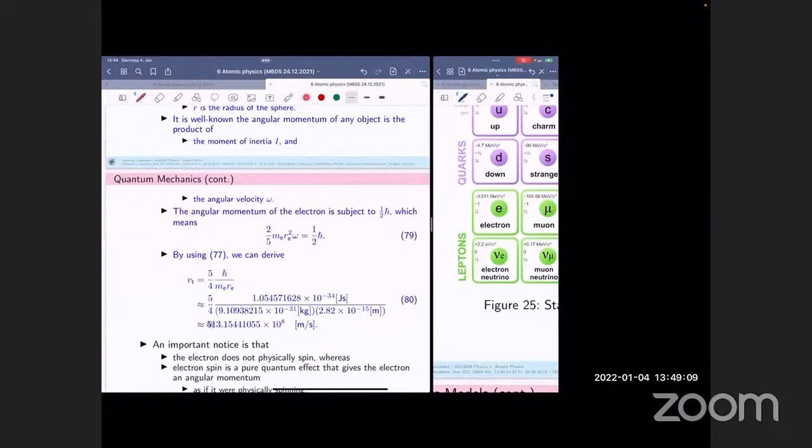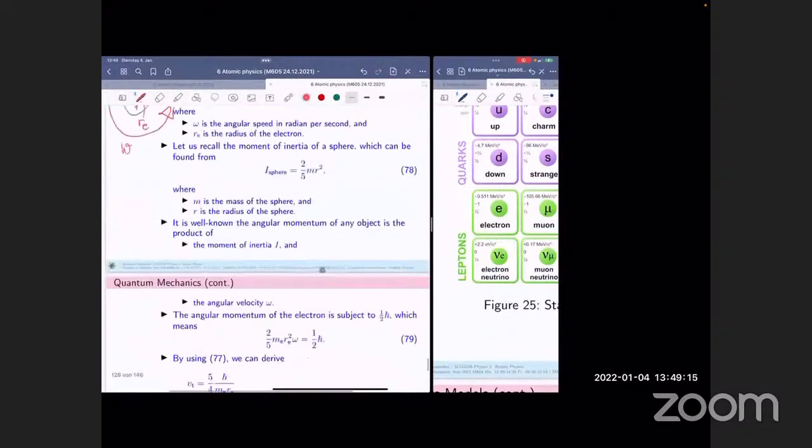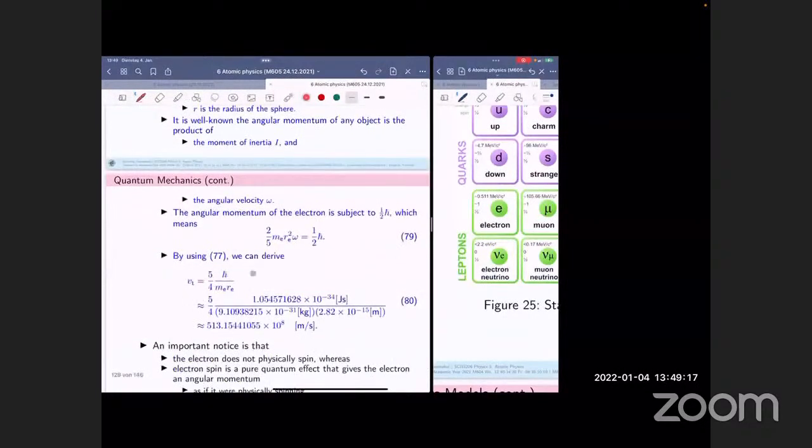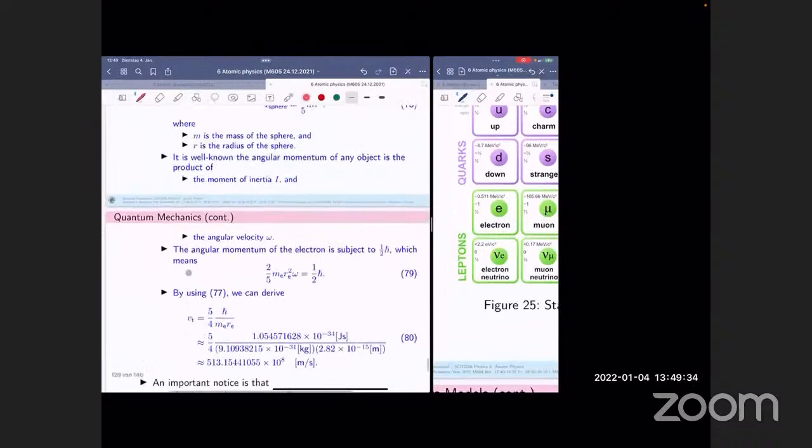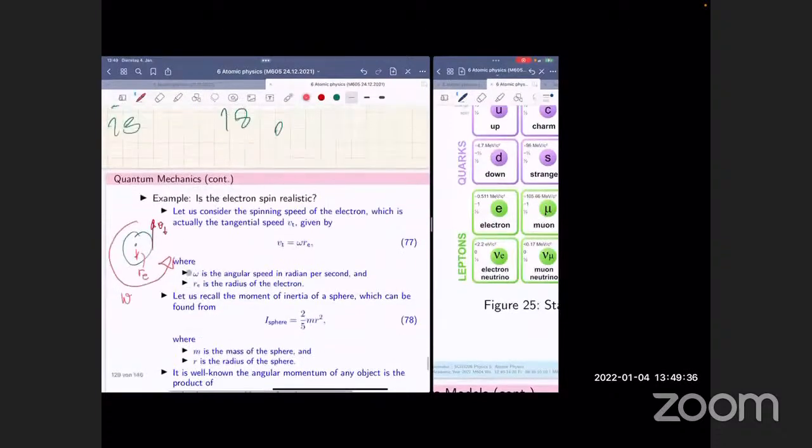So this value is not valid. We can get it from the derivation or from the theory, but it doesn't hold true at all, because this value is more than the speed of light. Any object in the universe cannot have a speed greater than light. So this is invalid.